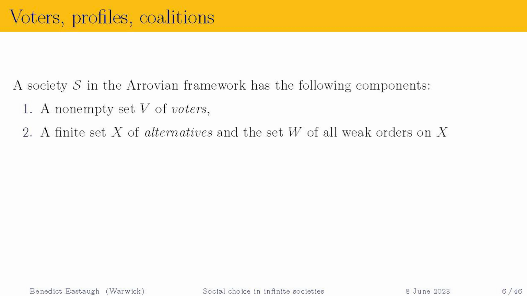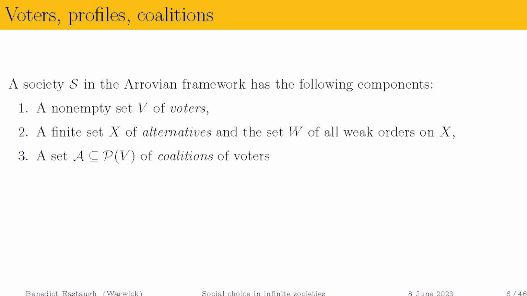Again, these could be candidates in an election, they could be economic policies, they could be candidates for a job, all these kinds of things. And then W will be just the set of all weak orders on X. And then we have this set A, which I'll explain more about later, of coalitions of voters.